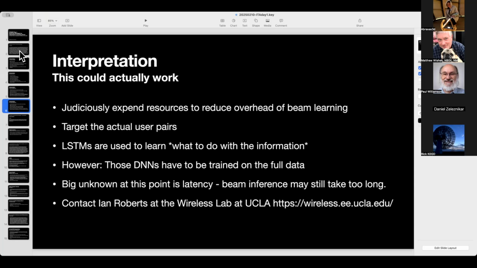And Ian Roberts at the Wireless Lab at UCLA, who's the person that gave this talk, and it had a lot to do with the stuff that we care about. There's at least two big areas of overlap in that, when we're looking at Neptune. This is what you do in OFDM to try to get your physical layer to work.